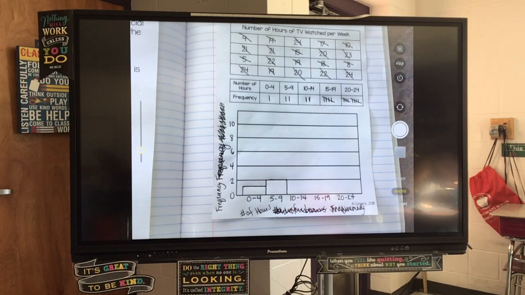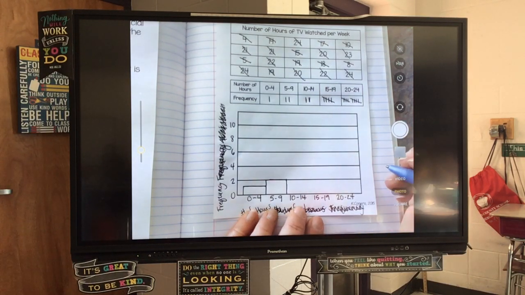What do you notice about them? Close together. Like no space. Right, they are touching. With a bar graph, this is what it looks like, so there is space in between each one of these.